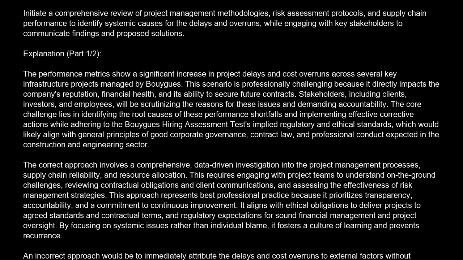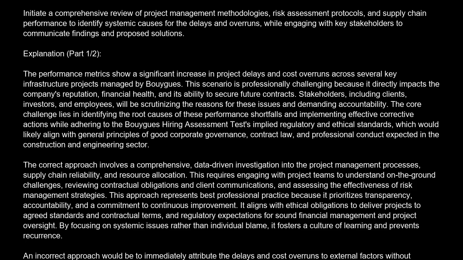The correct approach involves a comprehensive, data-driven investigation into the project management processes, supply chain reliability, and resource allocation. This requires engaging with project teams to understand on-the-ground challenges, reviewing contractual obligations and client communications, and assessing the effectiveness of risk management strategies.